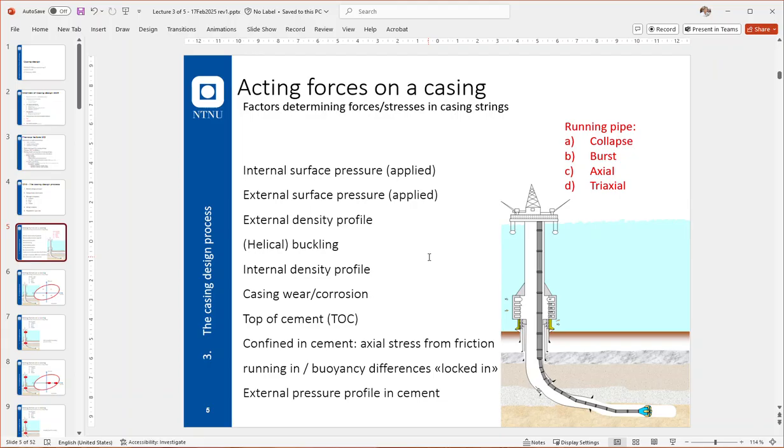After it has set up, it is a solid, but just as a shale has pore volume and permeability, cement will have the same nature, the same properties as a red brick, theoretically, or shale.